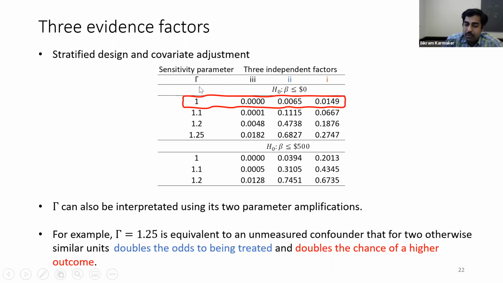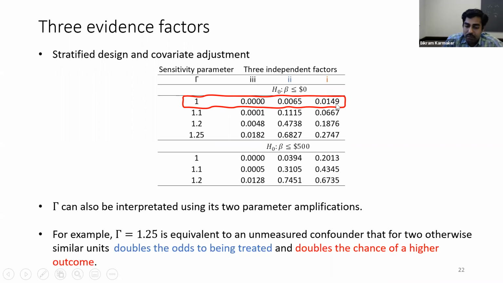But you can go beyond it. You can look at some relaxation of gamma equal to 1.1 in all 3 comparisons. And then you can get p-values which are larger than the previous ones.